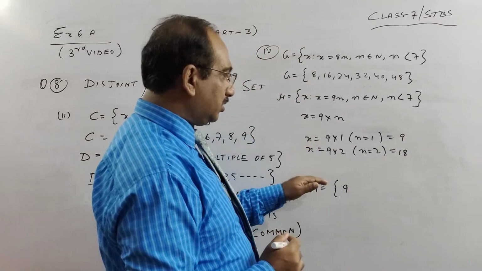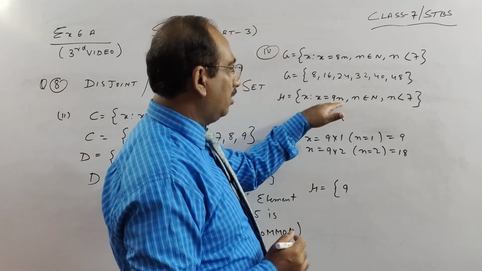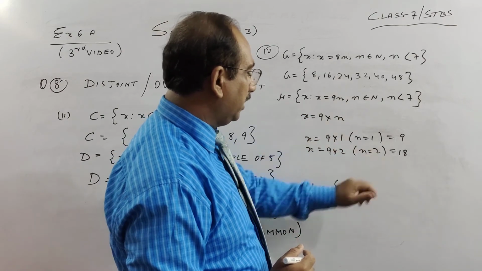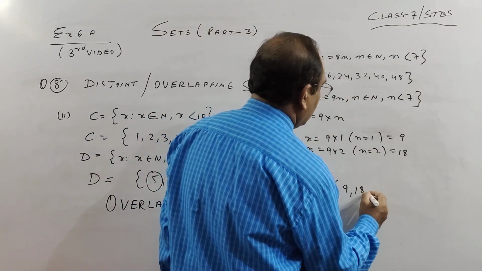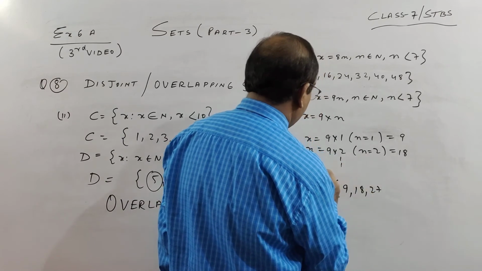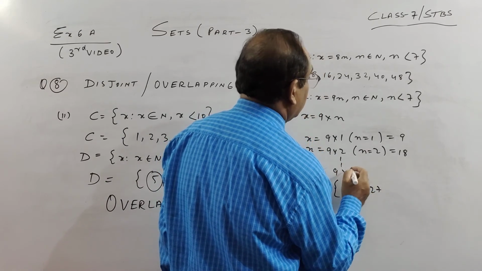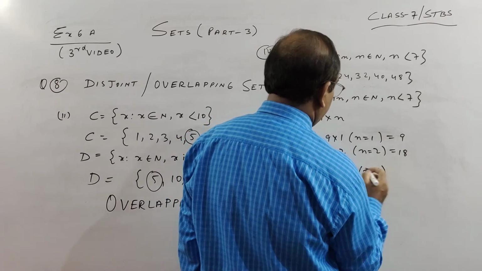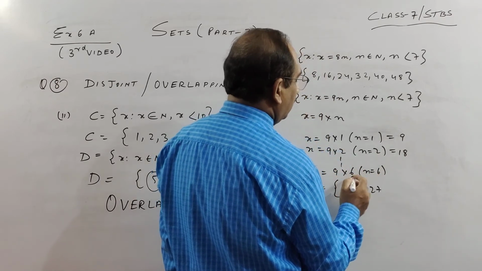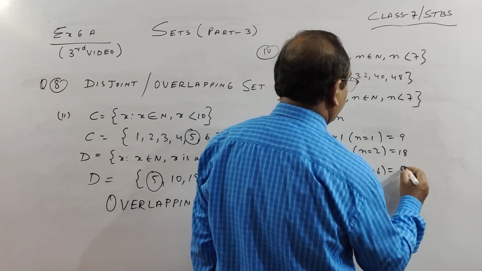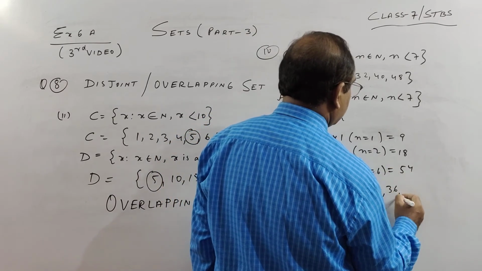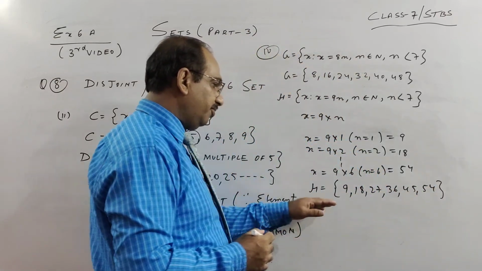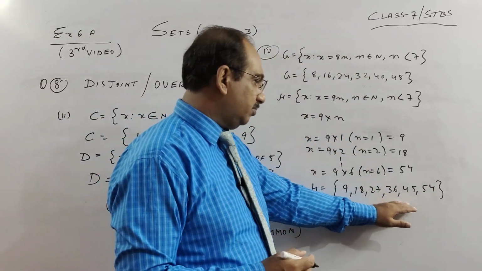So write all the natural numbers 1 to 6 and take 9 times that. 9 ones are 9, 9 twos are 18, 9 threes are 27, and so on, and finally the last one is 9 sixes, which are 54. So when n is 6, 9 into n gives 54.